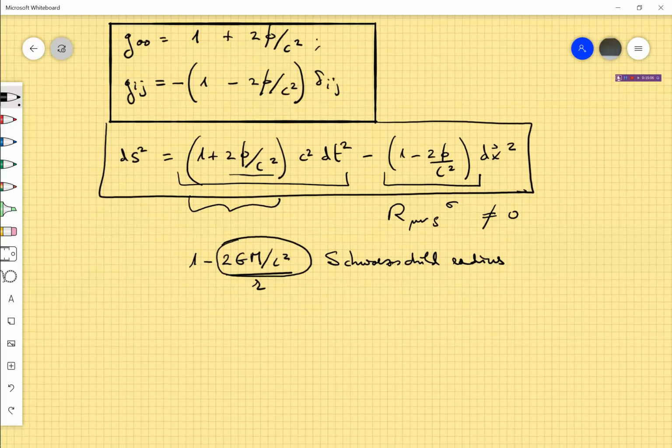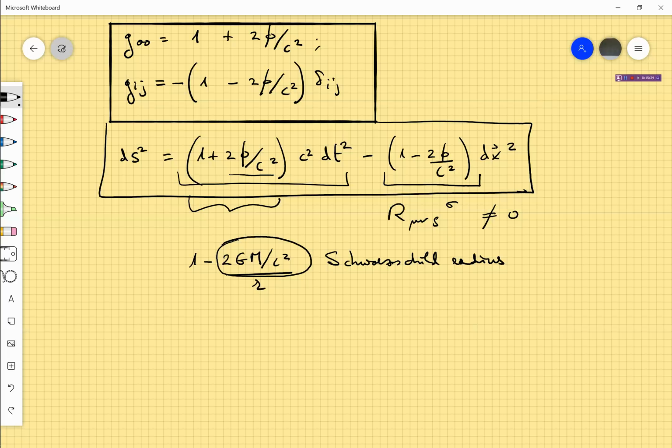And also this expression is important because suppose that you have some mass distribution, a star, a planet, somewhere, but you are looking at this mass distribution from very, very far away. So this mass distribution looks like a point at a certain distance, and also the gravitational field is very weak.